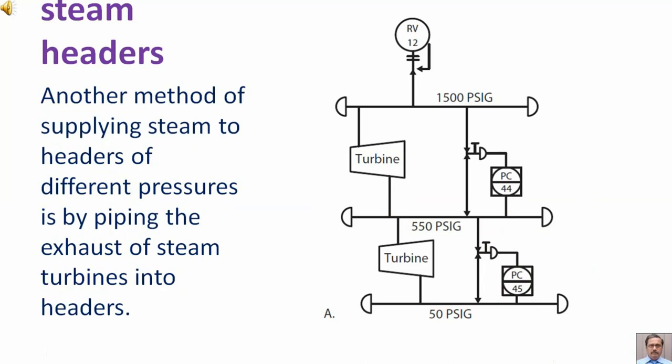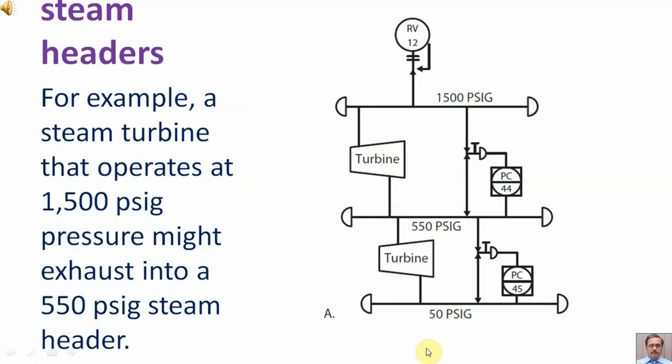Another method of supplying steam to headers of different pressures is by piping the exhaust of steam turbines into headers. For example, a steam turbine that operates at 1500 psig pressure might exhaust into a 550 psig steam header.